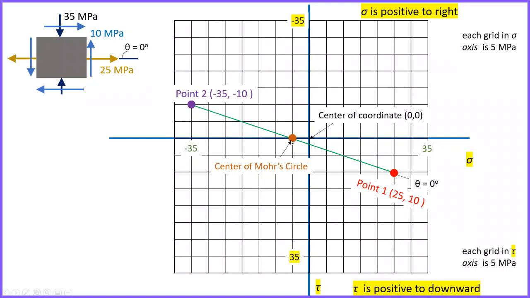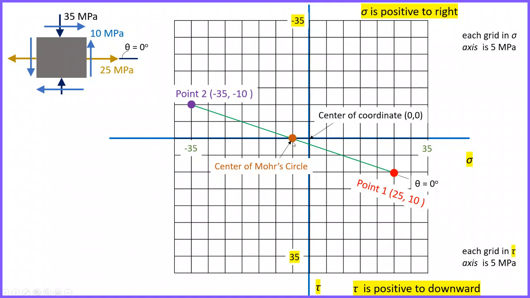This intersected point is the center of our Mohr's circle. So don't confuse this point with the center of coordinates. The center of coordinates might be the same as the center of the Mohr circle if the line intersects at that point, but in our case the line intersects at minus 5, 0.